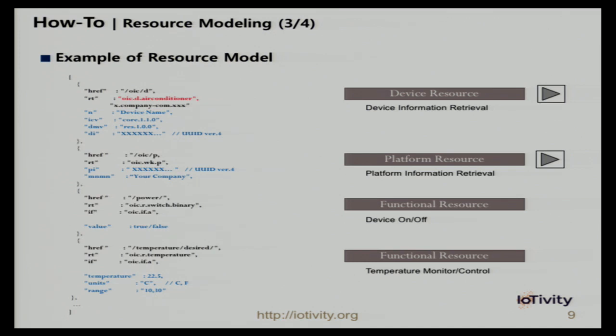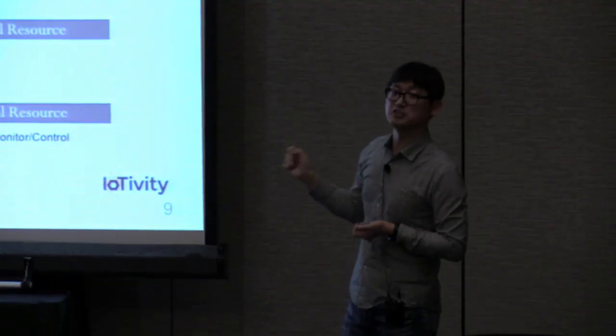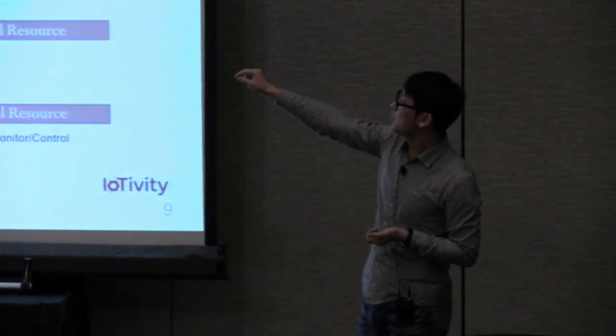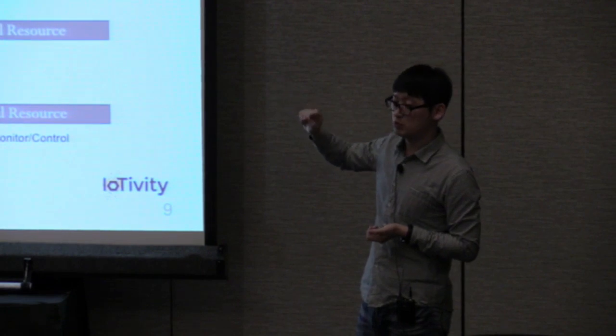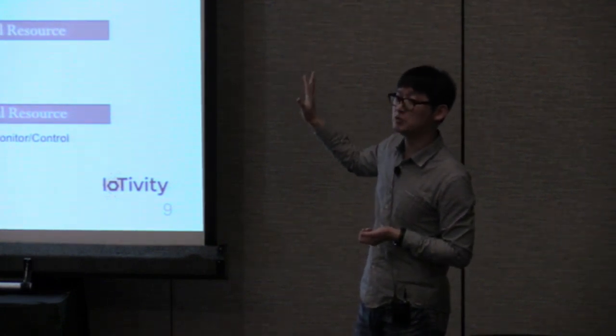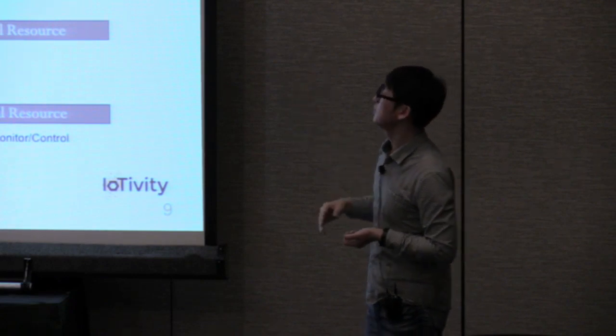As you can see in the list, there is oic.d.airconditioner. That means the device with this resource is an air conditioner. So if that resource has oic.d.washer, for example, that means the device with that resource is a washer.